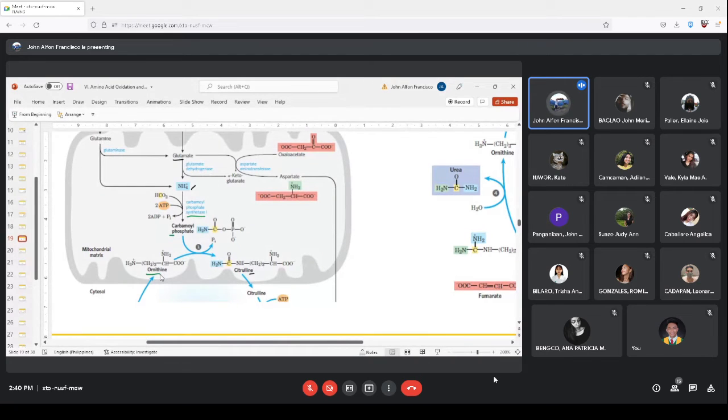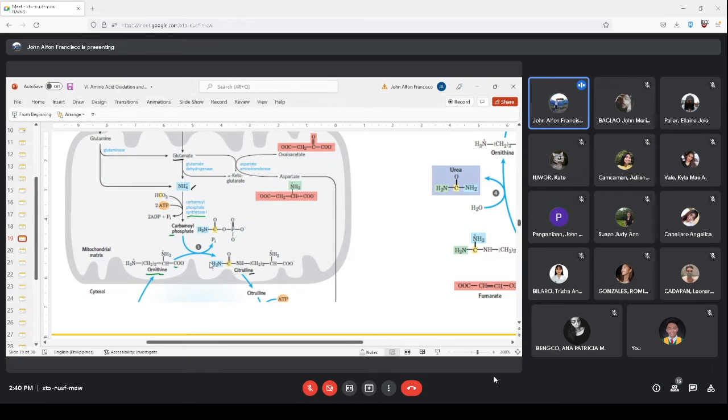Si ornithine is an example of amino acid, pero hindi natin siya kino-consider for as essential or non-essential. So, since hindi siya need in different processes like yung need na amino acid. Pero it is considered also as amino acid dahil meron siyang nitrogen and carboxyl group.